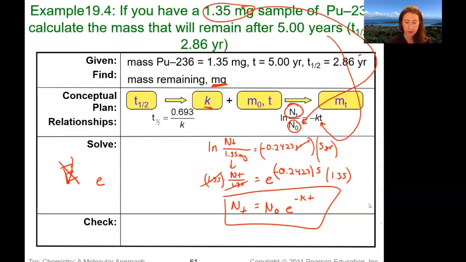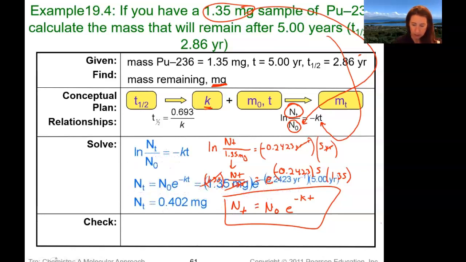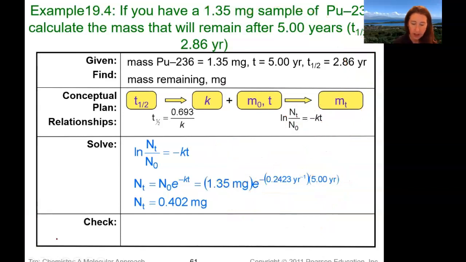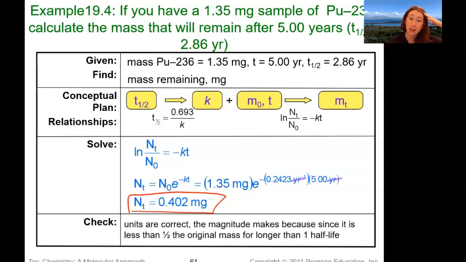Okay, so I'm going to erase that because I know you won't be able to see it. And you get 0.042 milligrams. I'm hoping this math is simple, at least in the back of your head, because you did it in 219, in kinetics. You just might not remember.